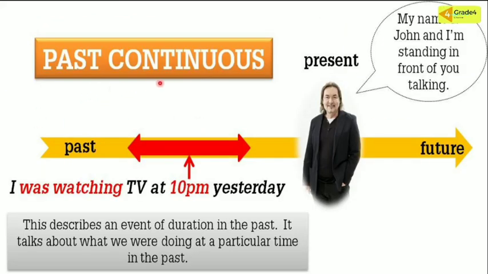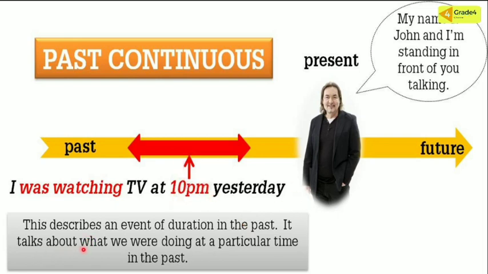For example, I have a sentence. I was watching TV at 10 p.m. yesterday. This sentence describes an event of duration in the past, because it is yesterday, 10 p.m. yesterday.